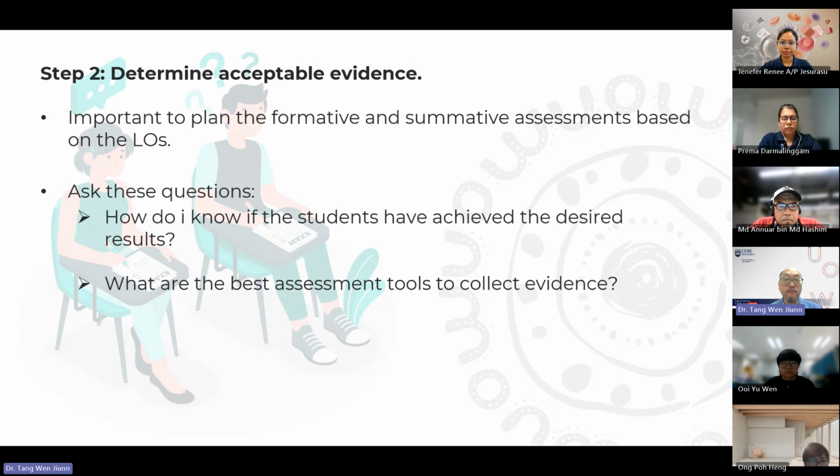Of course, most of the time, the simplest one will be MCQ, the short questions. That would be the simplest way to collect the data. But it depends on the nature of the course. If it requires hands-on demonstration, then that will be the better way to collect the evidence.